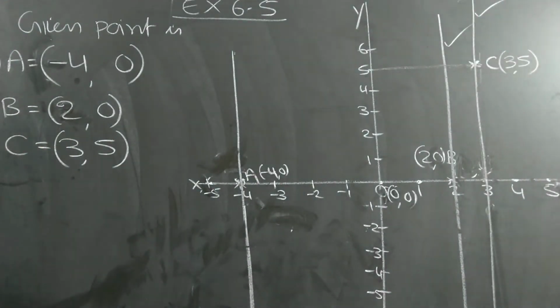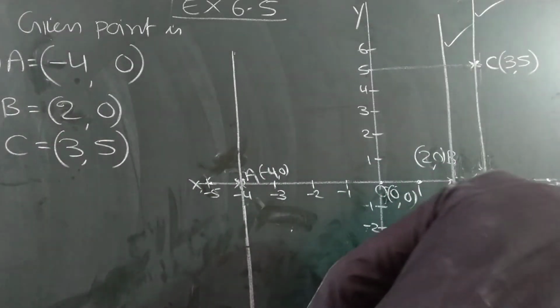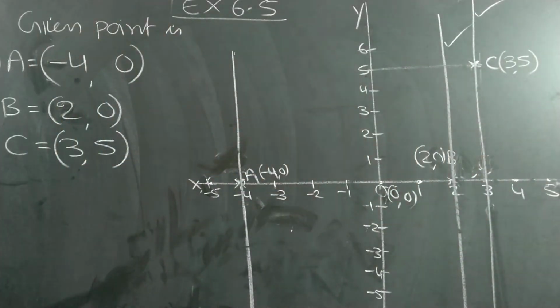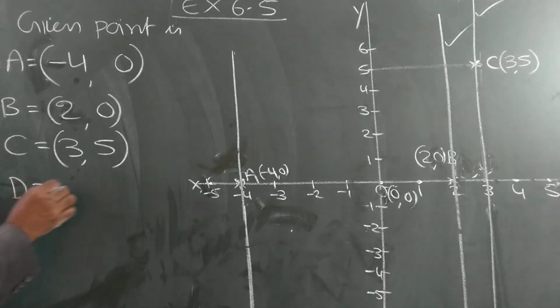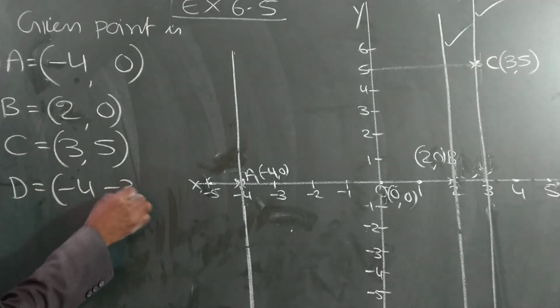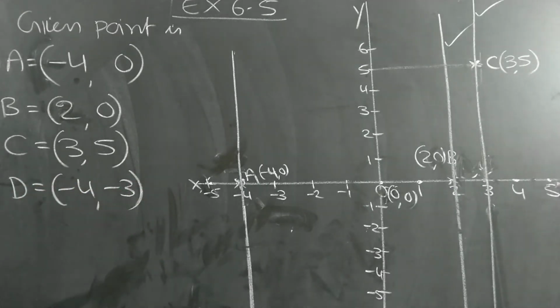Fourth bit: -4, -3. Mark this point -4 comma -3.